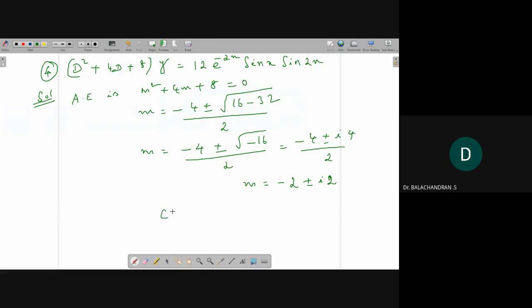So complementary function is e power minus 2x into c1 into cos 2x plus c2 into sin 2x. Okay, this is a complementary function.